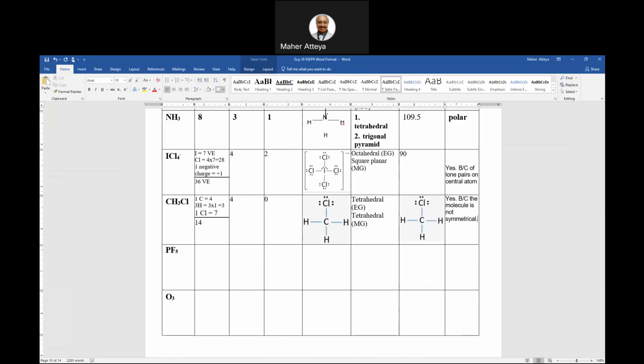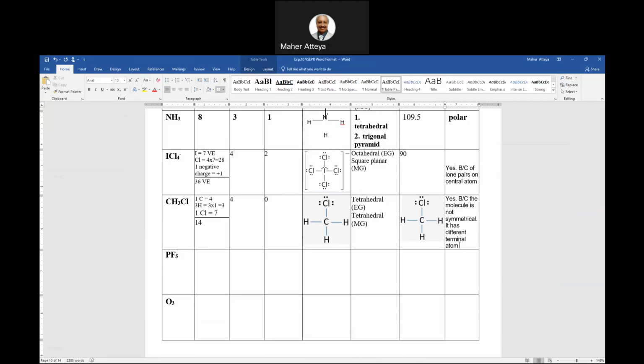What do you mean? This means the molecule has different terminal atoms. So 3 hydrogens and 1 different, 1 chlorine.